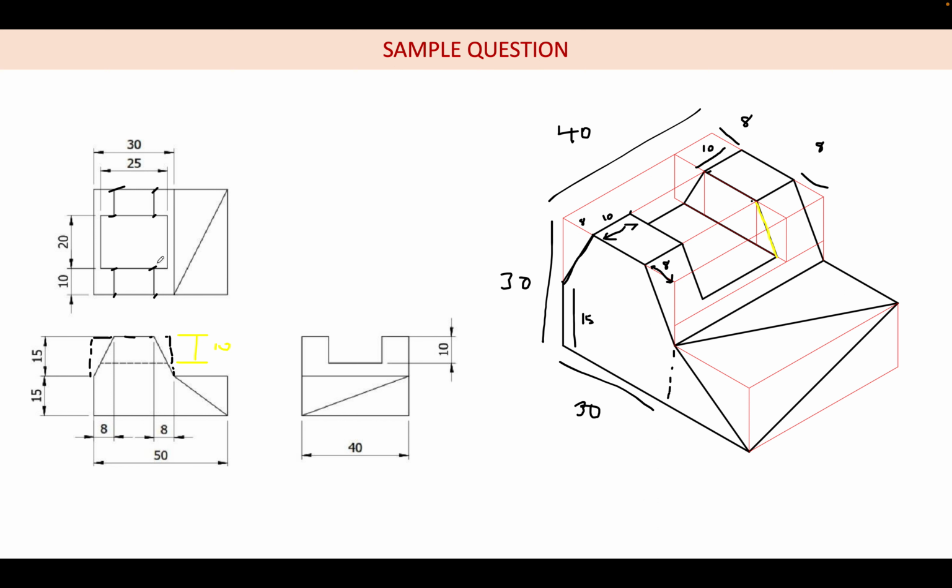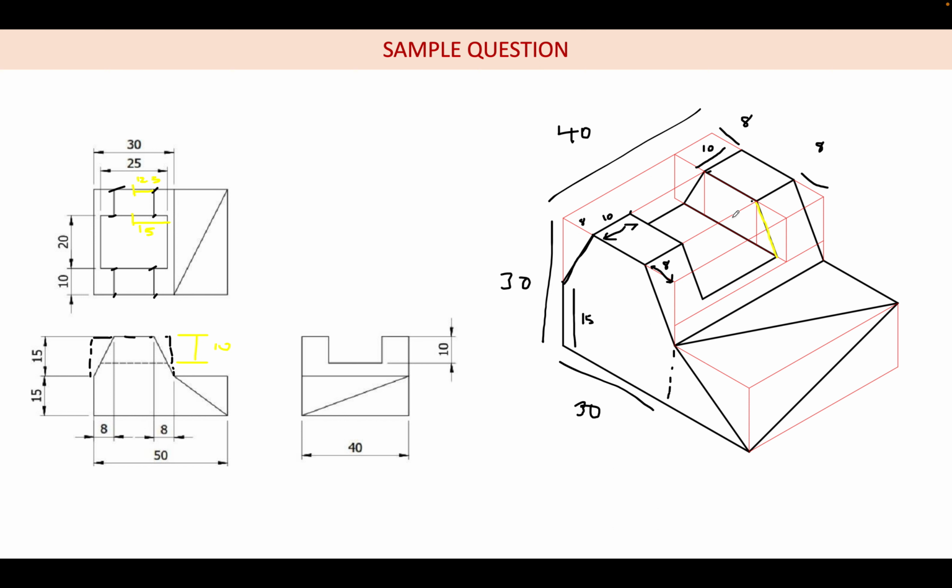So how are we going to calculate? This is 30 mm, so this half will be 15 mm. So this is 25, which means this half will be 12.5. So the remaining 2.5 mm gap is there. So this is 15 minus 12.5.